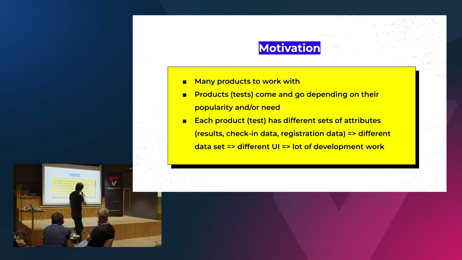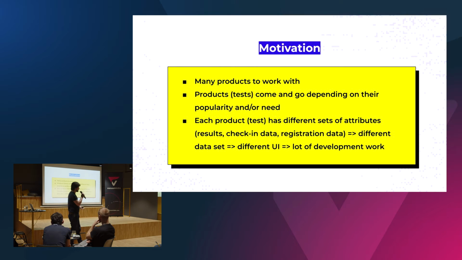In this situation, for every new test, we have to analyze what all the attributes it has. For example, when you take a simple COVID test, the result is not just positive and negative. If you are positive, you have to have a so-called CT value, which basically means how much of the virus is in your blood.